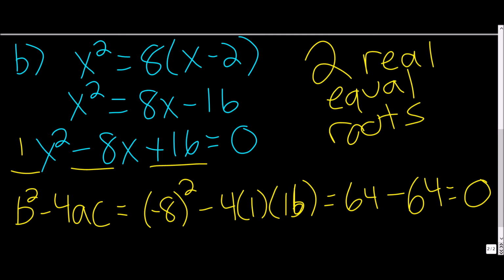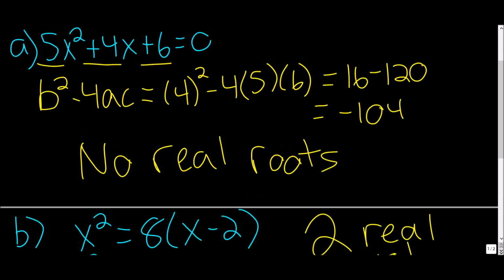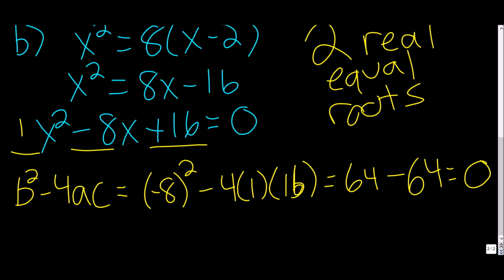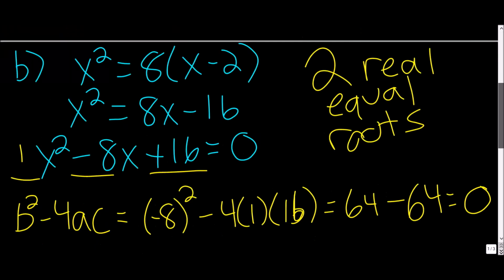Now, let's go forward. So we got 2x minus 1 times x plus 3 equals 4. Let's see if my aging mind got that one right. Yay, it did. Okay, good.